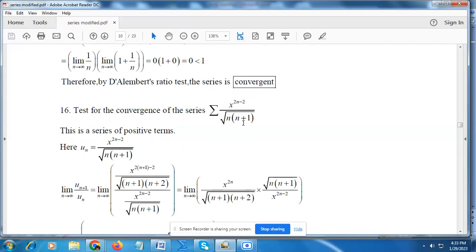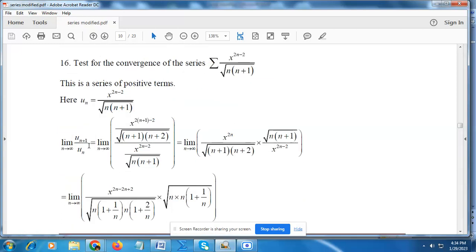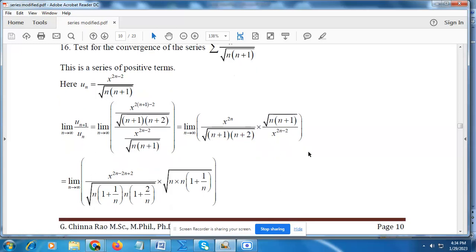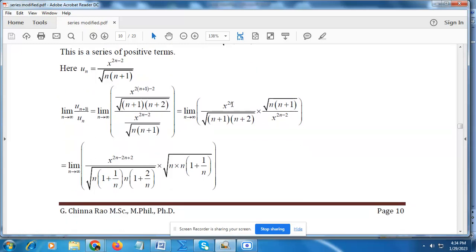Now test for the convergence of sigma x power 2n minus 2 by root n into n plus 1. Again, this is a series of positive terms. Write down the nth term, then calculate un plus 1 by un as n tends to infinity. The process is the same. Then simplify. Again, a power m by a power n is a power m minus n. Then take n common, n into 1 plus 1 by n.